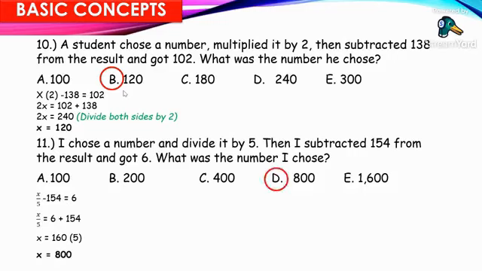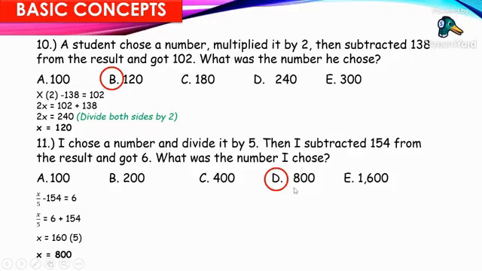That is 800. So x divided by 5 minus 154. So that is 160 times 5. That is 800. Or we can try: divide by 5, then subtract 154.